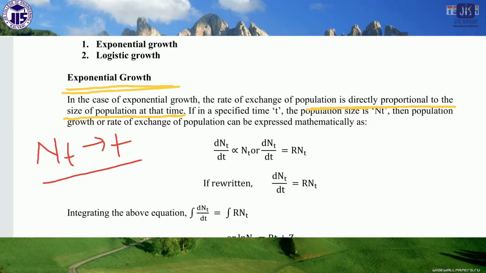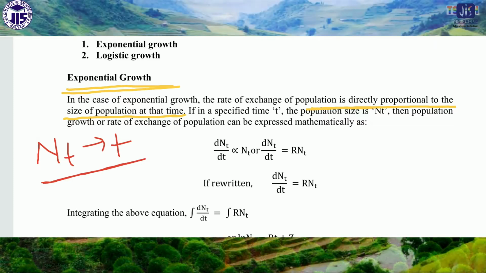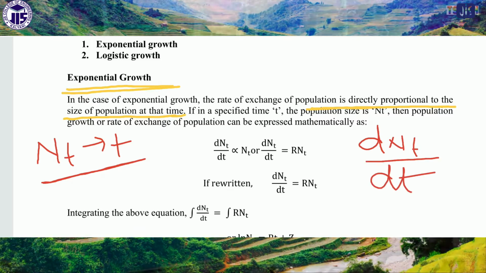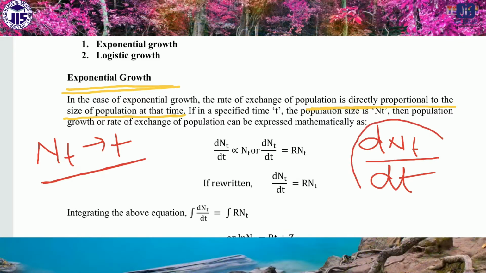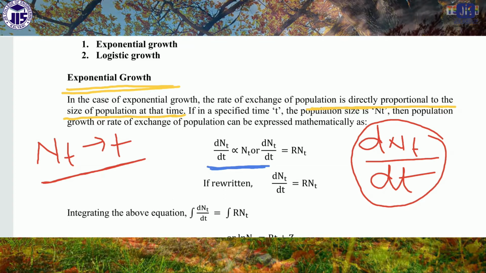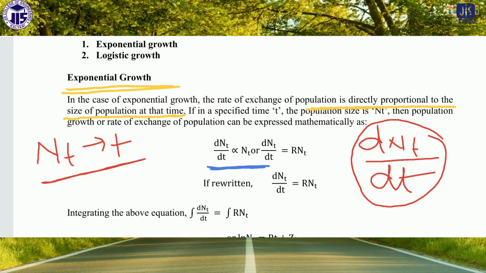Then dN(t)/dt, which expresses the population growth rate, the rate of change of population with time, is proportional to N(t), the population of that area at that time.